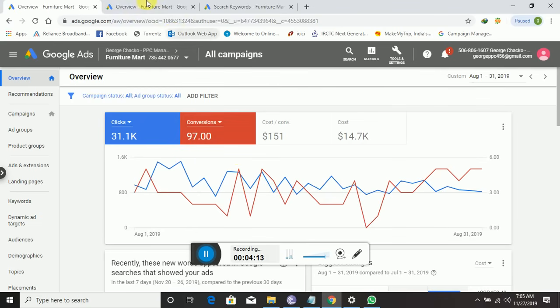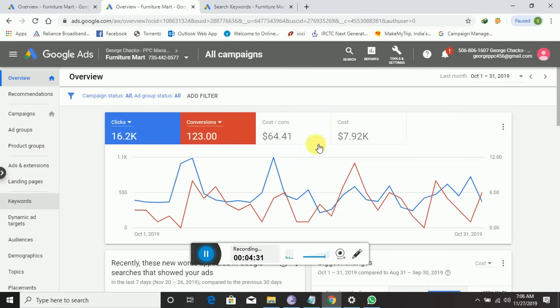So when I started working on the account, you can see it's nearly $64, and the conversions have also increased. It has been cut down by more than 50%, $64 now, and the cost has also gone down. You can see the date.